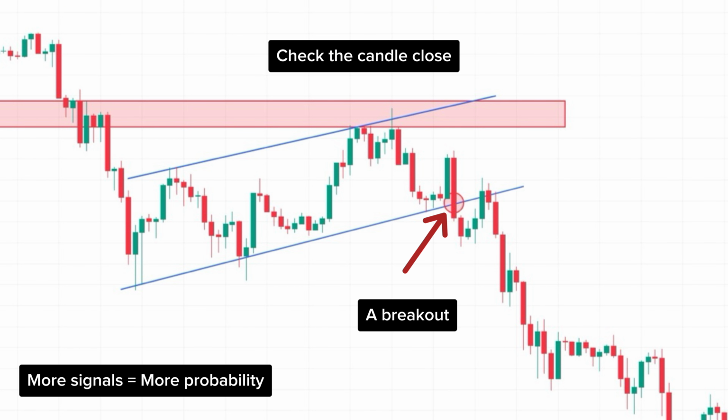But as you know, trading is all about probabilities, and we need to gain more confidence in this breakout. The second signal that I will look at is the volume indicator, which can be easily added to your charts. When we look at the volume traded for each candle close, we can see that while we're still in the bearish flag pattern, the volume is relatively low.